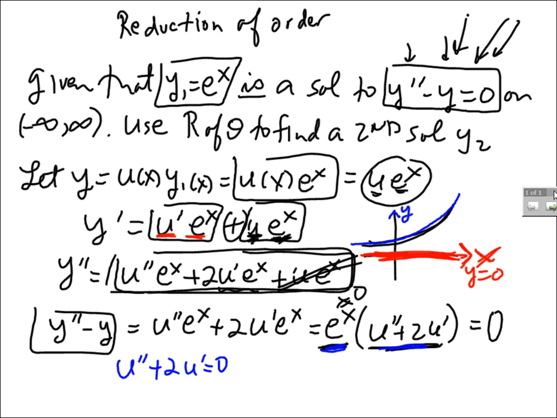Okay, so our goal is to have u e to the x being our second solution. The only thing is we don't know what u of x is. So we're going to figure out what u equals, and use reduction of order.